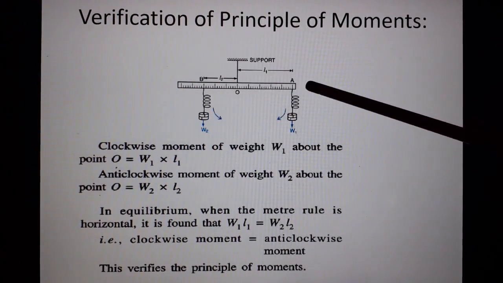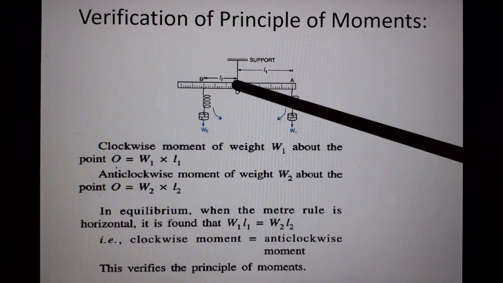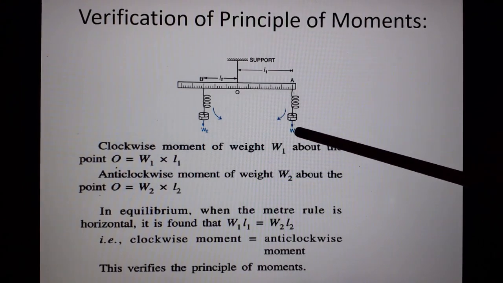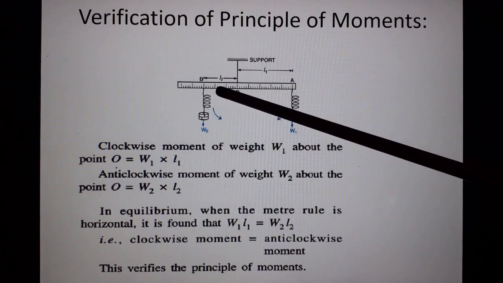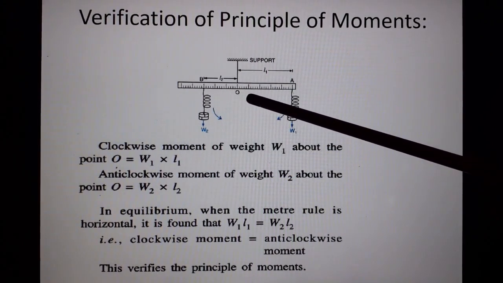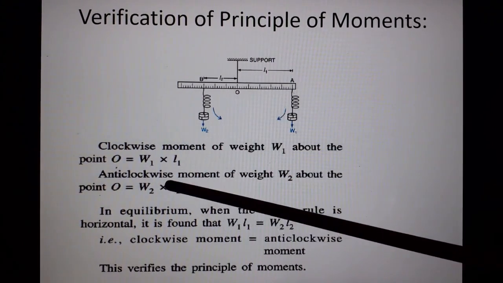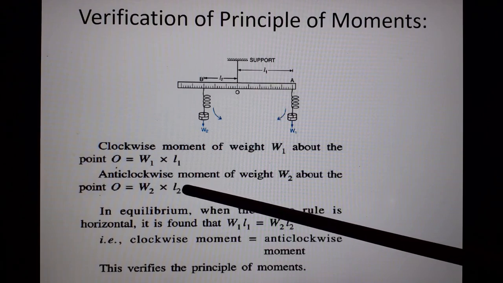So let's calculate. Clockwise moment is equal to force multiplied by distance. So W1 L1, right? Then anti-clockwise moment is equal to W2 multiplied by this perpendicular distance L2. So anti-clockwise moment is W2 L2. In equilibrium, what is the condition we have observed from that practical?